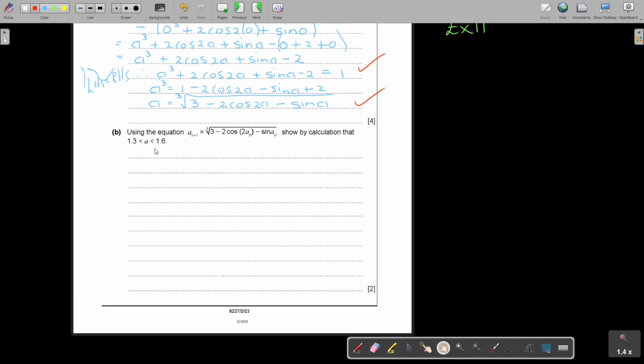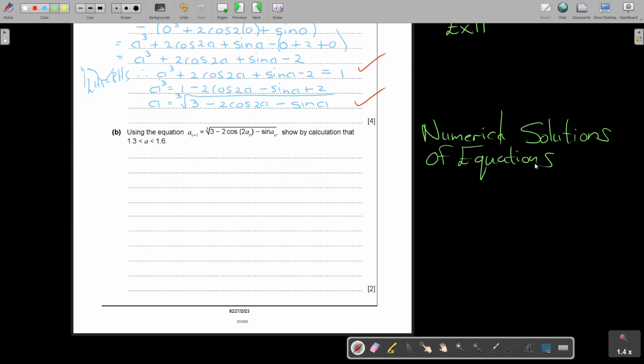In the mathematics textbook, y equals mx plus c, we are now at the final chapter, and that is numerical solutions of equations. So that will be chapter 13.